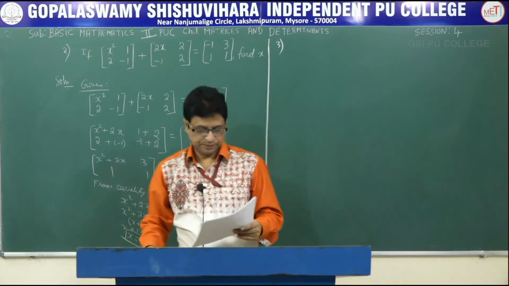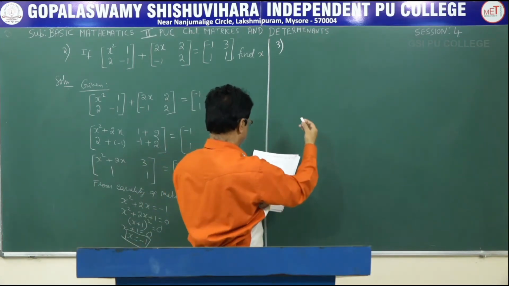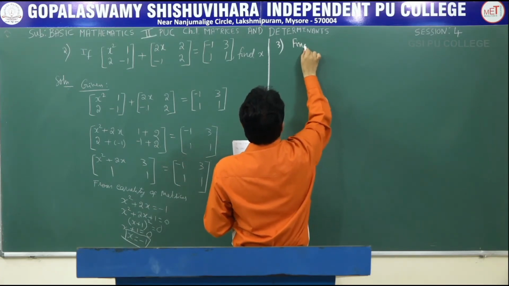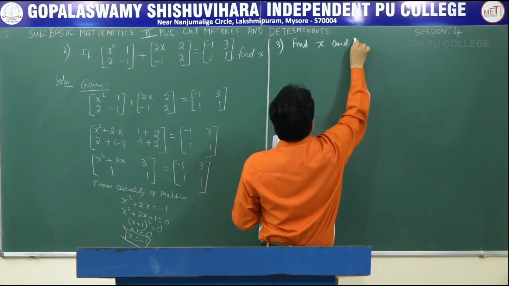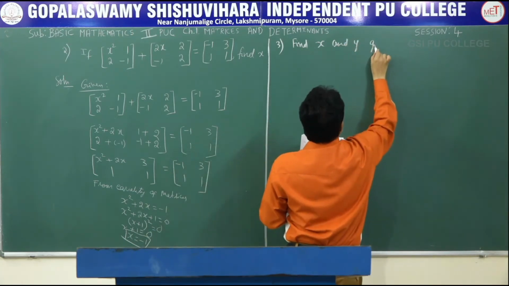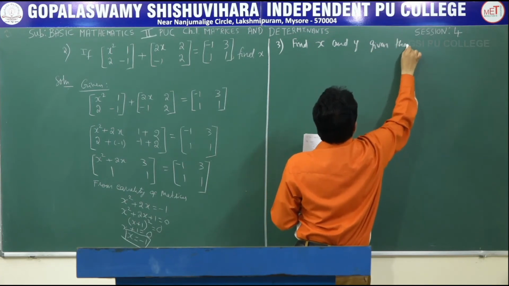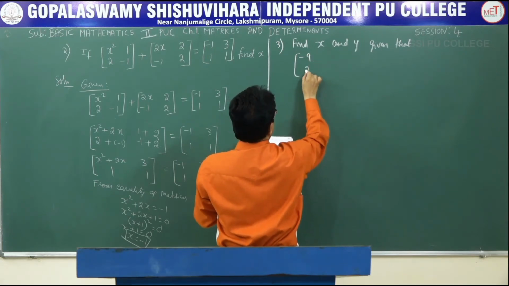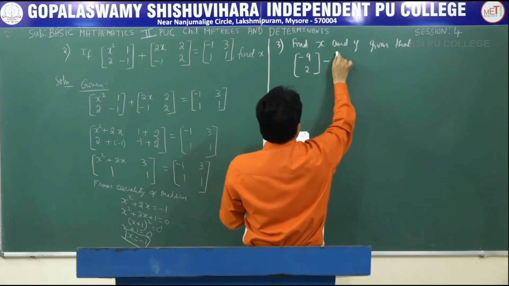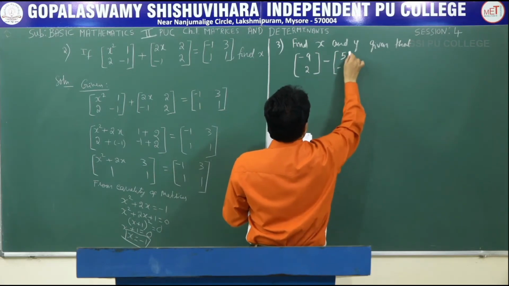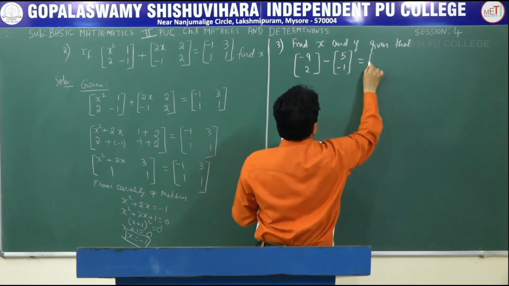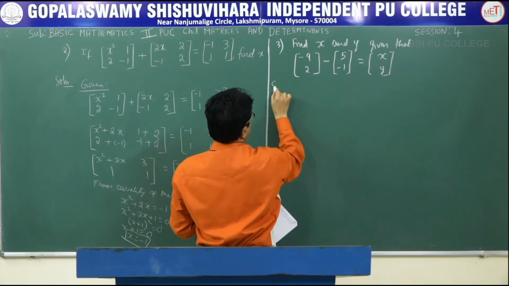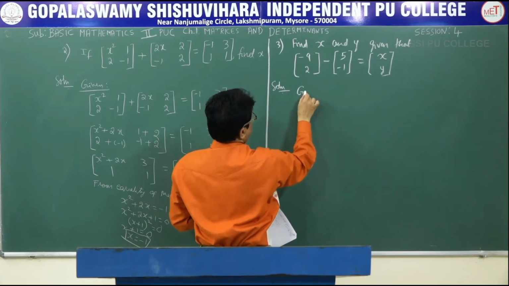Next problem. Find x and y given that [minus 9, 2] minus [5, minus 1] equals [x, y].